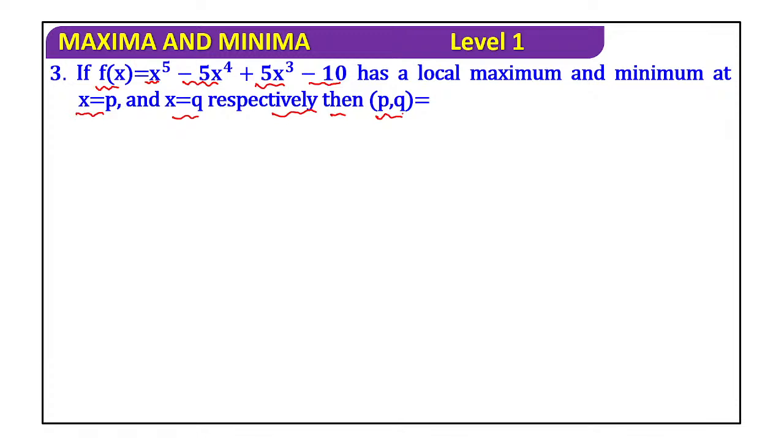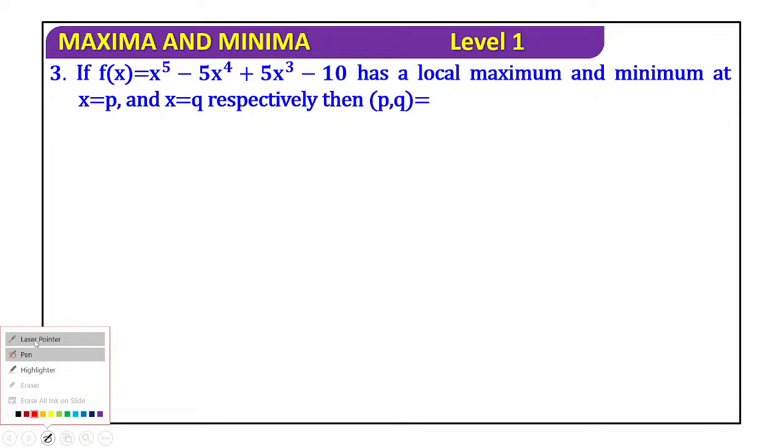See this, they have given the function f of x equal to x raised to 5 minus 5x raised to 4 plus 5x cube minus 10, with local maximum and minimum at x equal to p and x equal to q respectively, then p comma q is what they are asking.